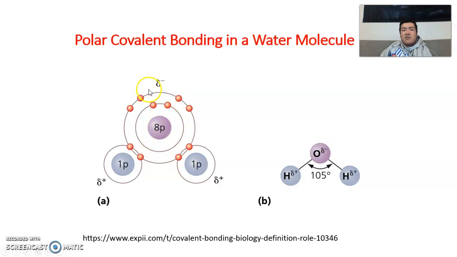Oxygen has a greater electron affinity than hydrogen does. This would be a hydrogen atom here. And so oxygen would have more time hogging the shared electrons from hydrogen than hydrogen has, just because hydrogen has a lower electron affinity. This would result in the oxygen atom having a partial negative charge, and the hydrogen atom having a partial positive charge.